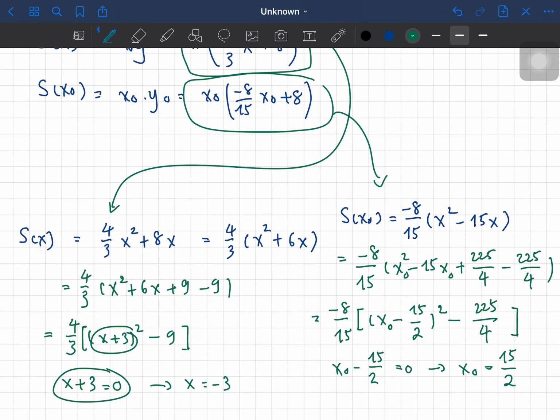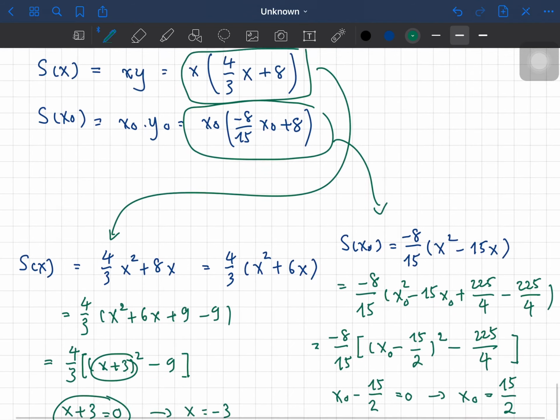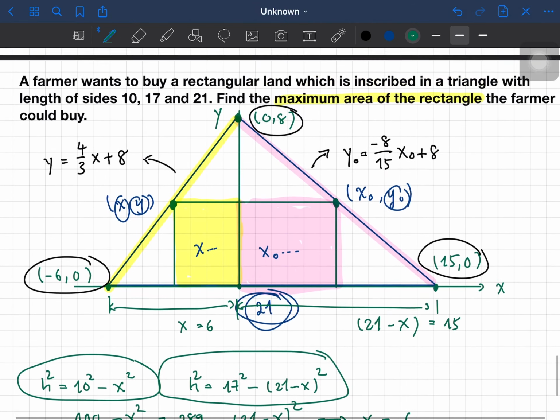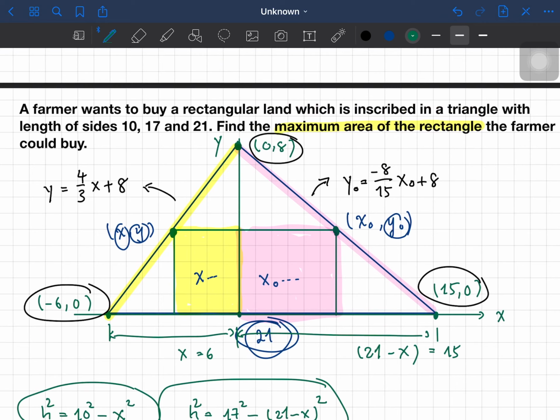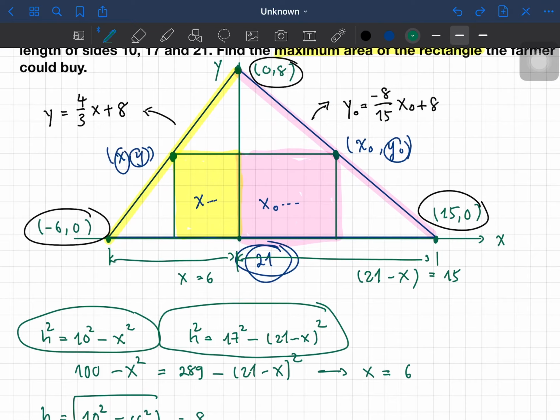So we have here x equals negative 3, which is responsible for this part of the rectangle, and then x equals 15 over 2, which is responsible for this part of the rectangle.